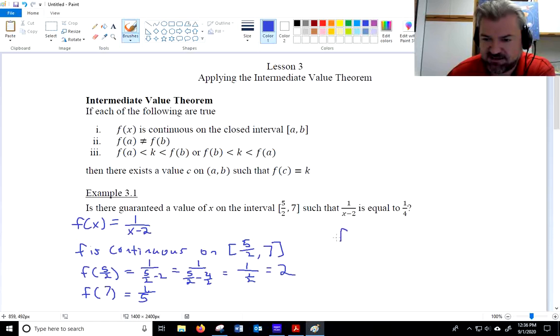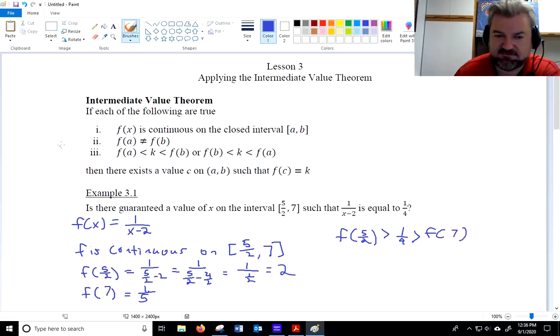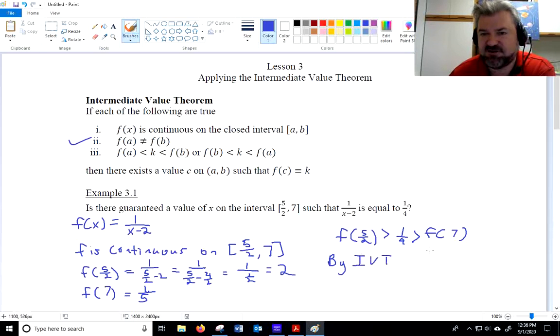So I'm going to say that f of 5/2 is greater than 1/4, which is greater than f of 7. And I'm going to claim that I've established this by showing each one here. It's also kind of implied by these greater than symbols, but that is part of the theorem as it's written, so I want to make sure we address all three parts. All right, since I've established that, I can now conclude by the IVT, and you can abbreviate intermediate value theorem IVT, and most people do.